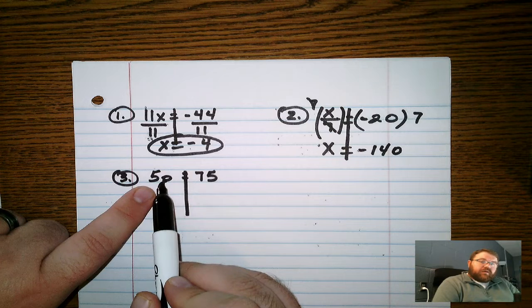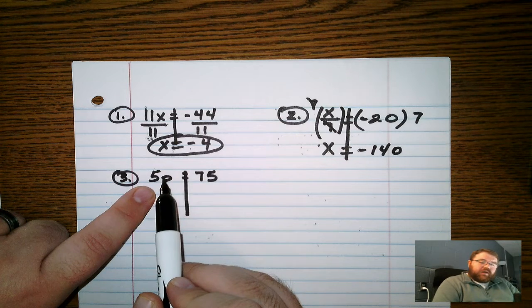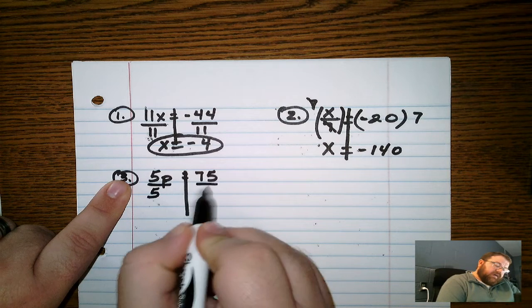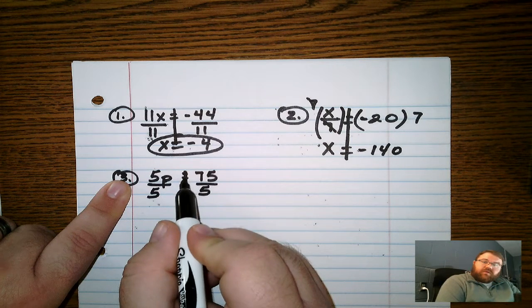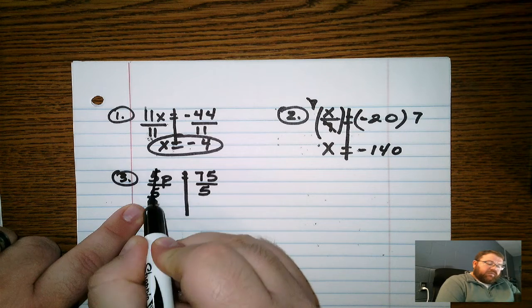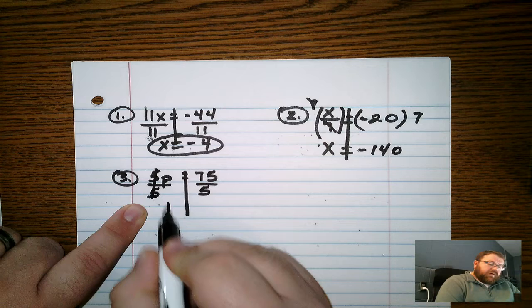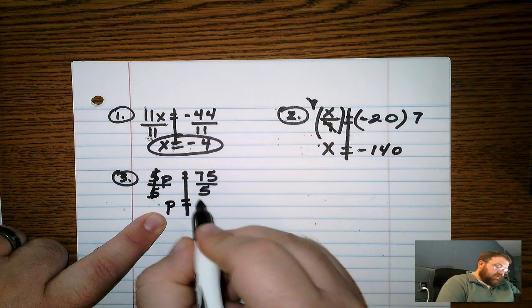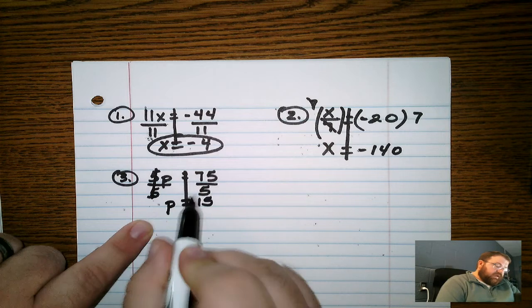The opposite of multiplication is division, so I got to divide both sides by 5. To keep this equal, I have to do it to both sides. 5 divided by 5 is 1, so the way we write 1p is simply p equals 75 divided by 5 is positive 15.